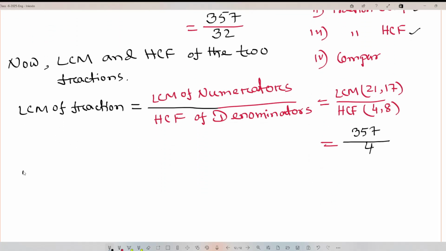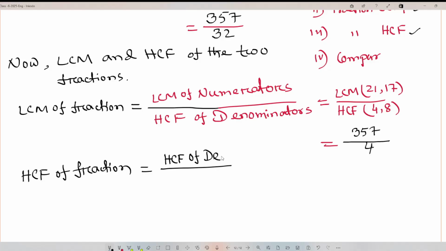Now the HCF of fractions, which is HCF of numerators divided by LCM of denominators.